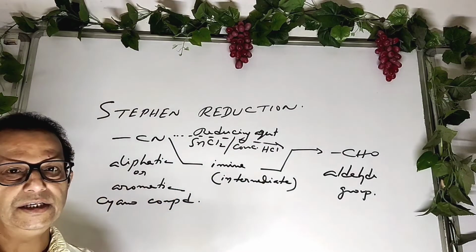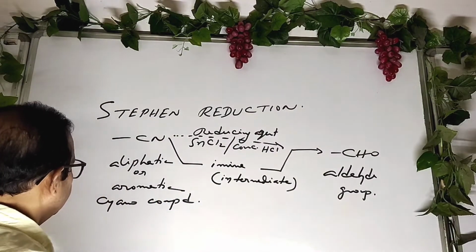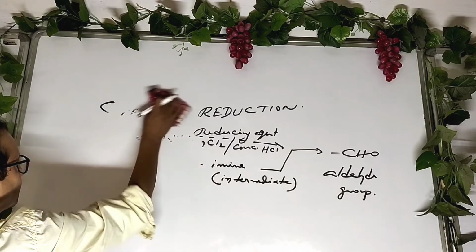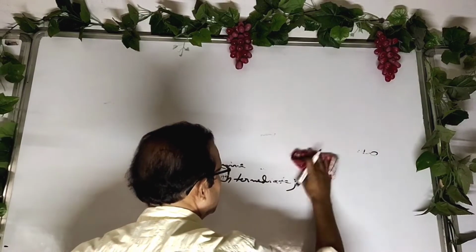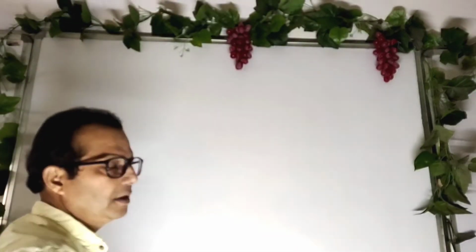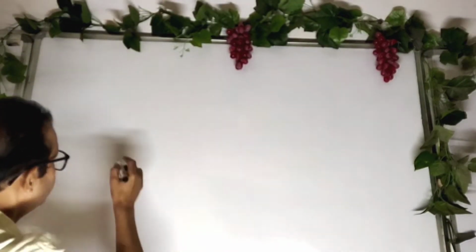So remember only this. Now the reaction. Listen to the technique: whenever you write the reaction, don't write the CN group, rather write the structure of the CN group.